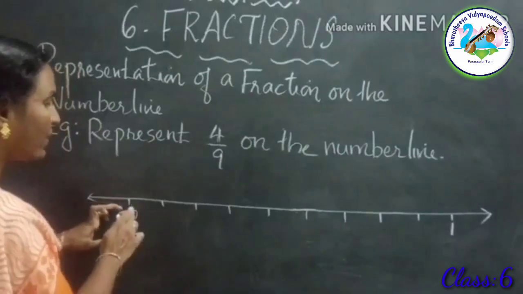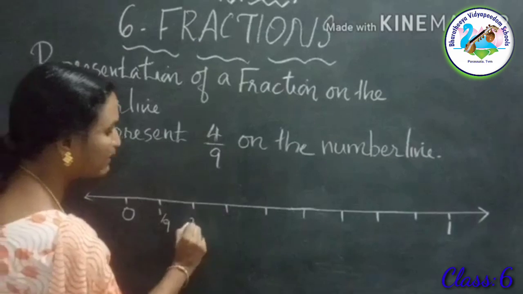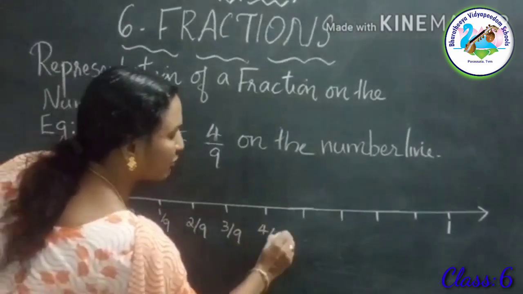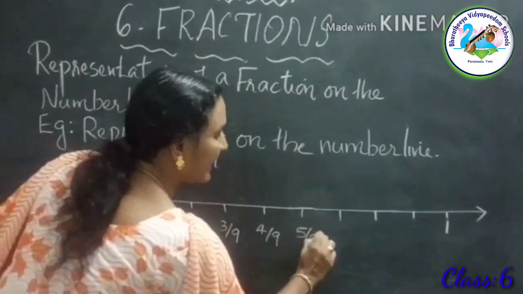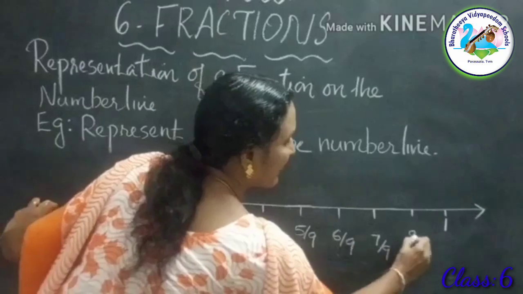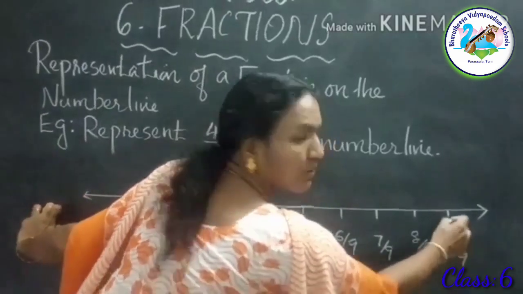From 0, the first division represents 1/9, the second division 2/9, third division 3/9, fourth 4/9, 5/9, 6/9, 7/9, 8/9. This is 9/9. 9/9 is 1.